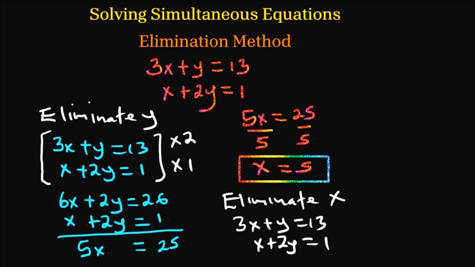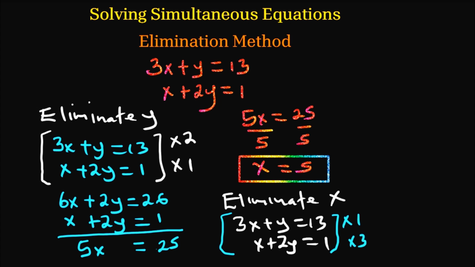So you try eliminating x, it is not possible, so it means you have to edit the equations again. So we are just going to multiply the first equation by the coefficient of x in the second equation and vice versa. So the first one is going to be times 1 and the second one is going to be times 3.